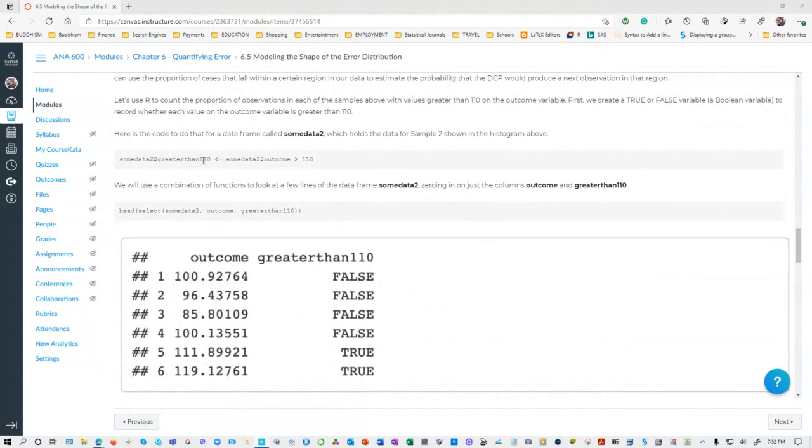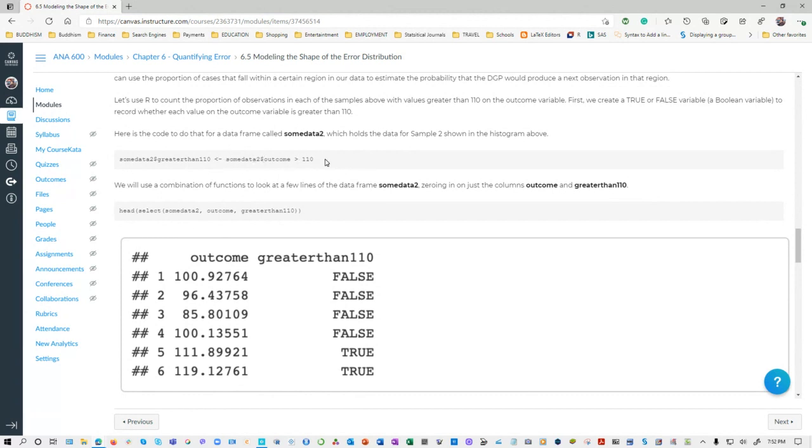So for sim_data_2, you're going to create something called greater_than_110, a comparison checking whether the outcome is greater than 110. You have an outcome variable in this data set, and these are the outcomes. You check whether each is greater than 110 or not.